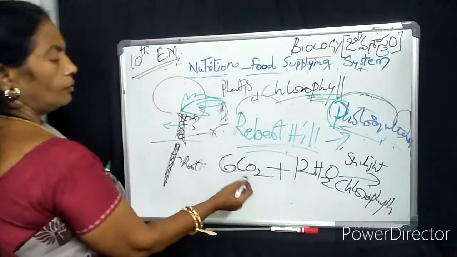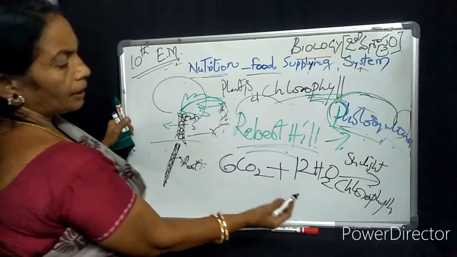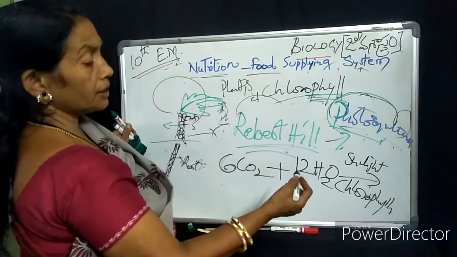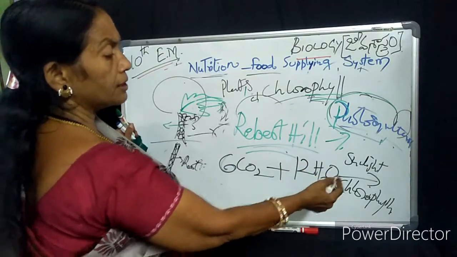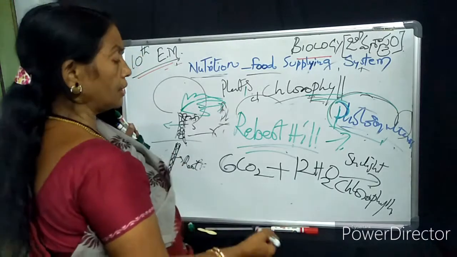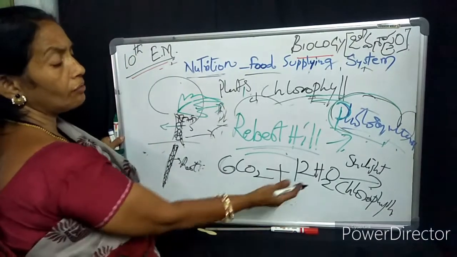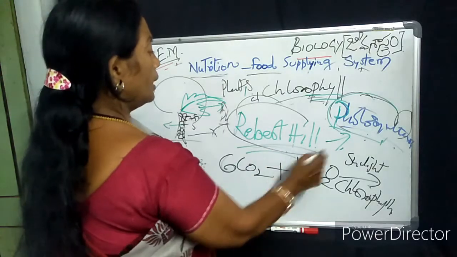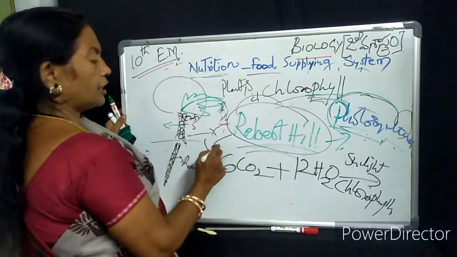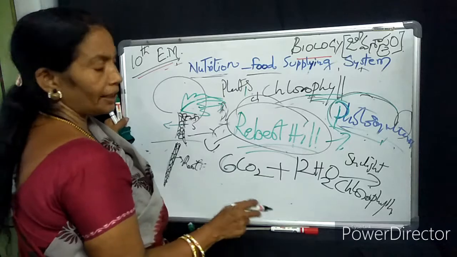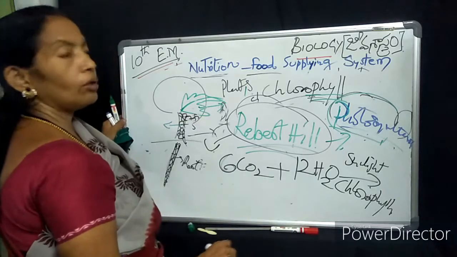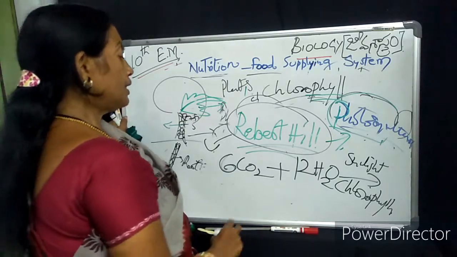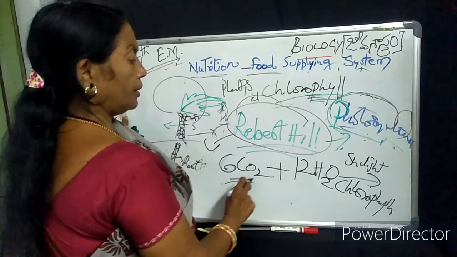So we already know what photosynthesis means. Four factors are needed: sunlight, chlorophyll, carbon dioxide, and water. Now, Robert Hill gave the good equation which we follow even today.